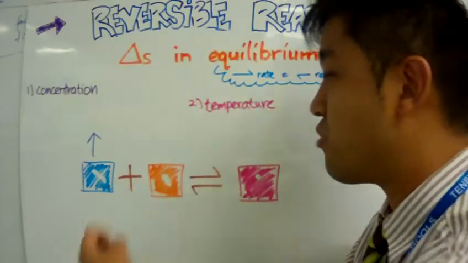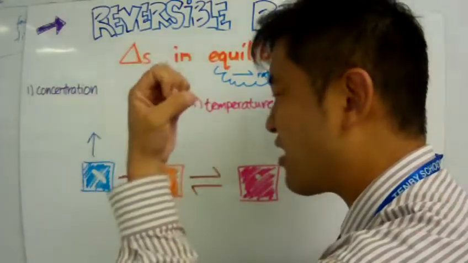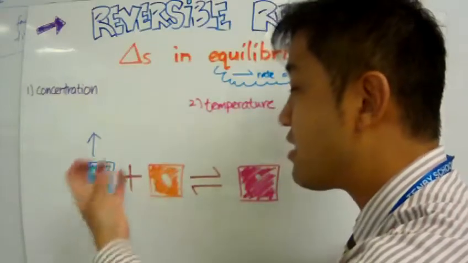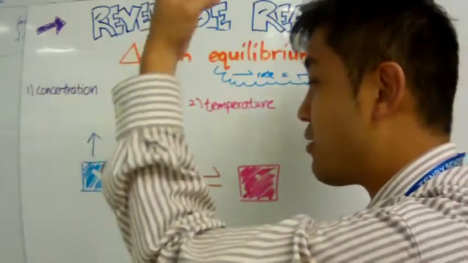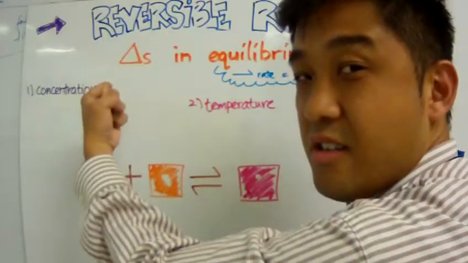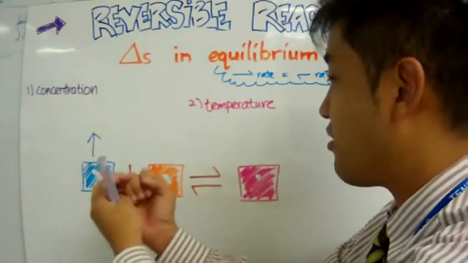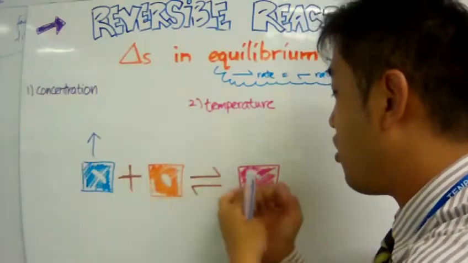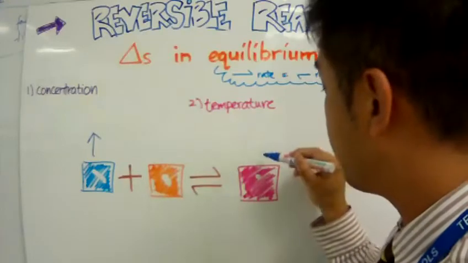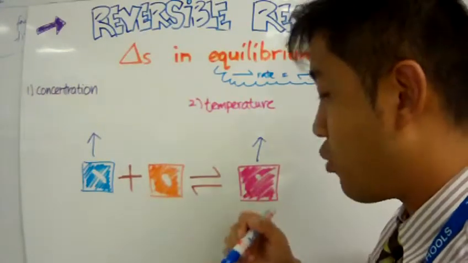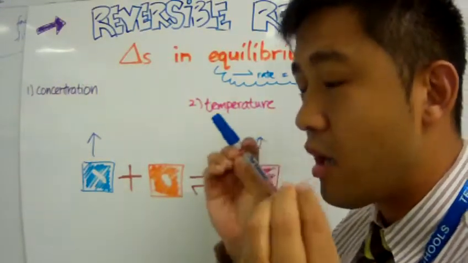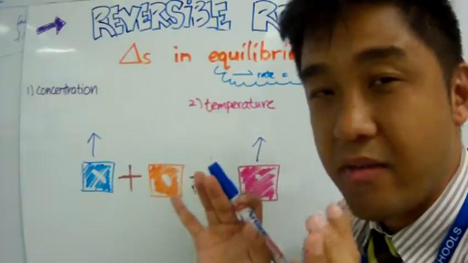What's going to happen is that you put stress here, and in order to alleviate the stress, something is going to happen. When you put stress here, the system is going to react by making more pinks. Now, why is that? Well, think of it in terms of the atomic environment, right?